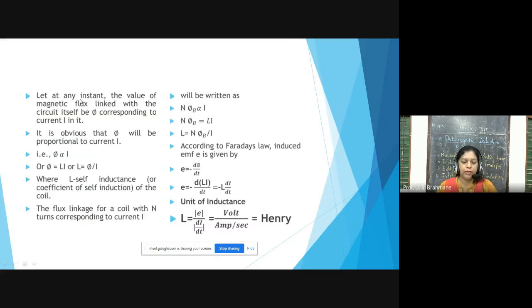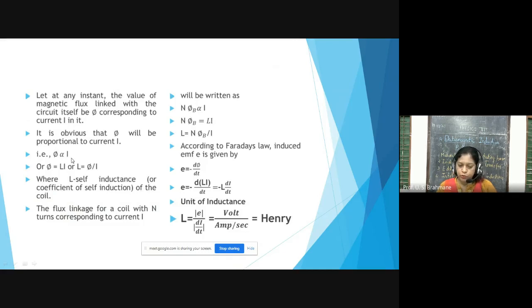Now, let at any instant the value of magnetic flux linked with the circuit itself be phi corresponding to current I in it. It is obvious that phi will be proportional to current I. See here, there is a flux phi, and phi is proportional to I. Because of the change in the magnetic flux, there is a current.